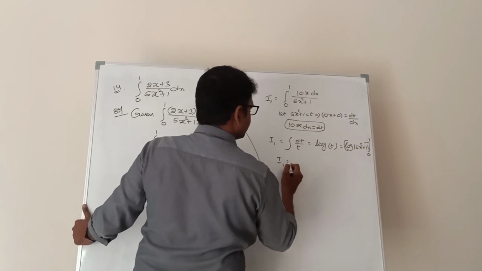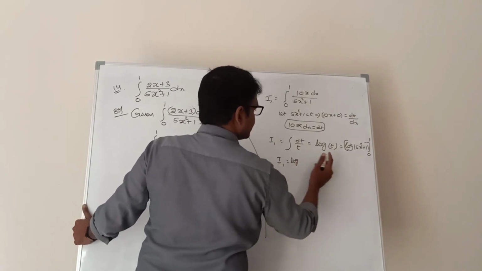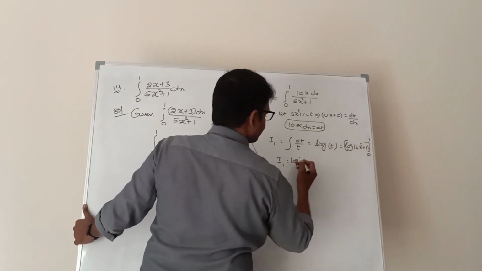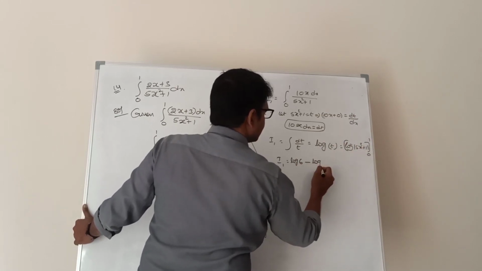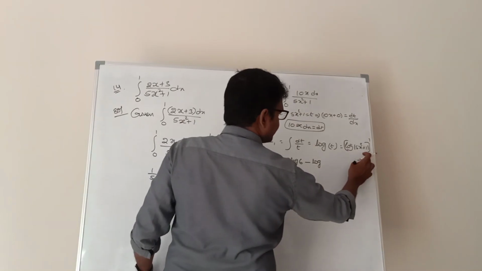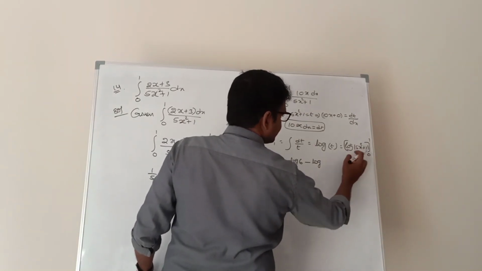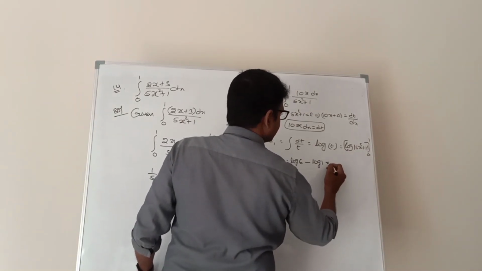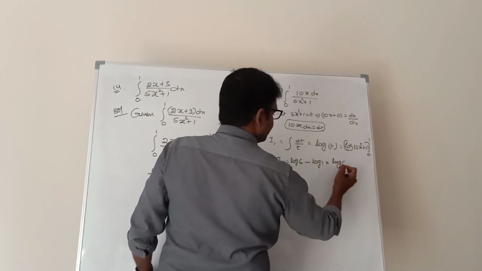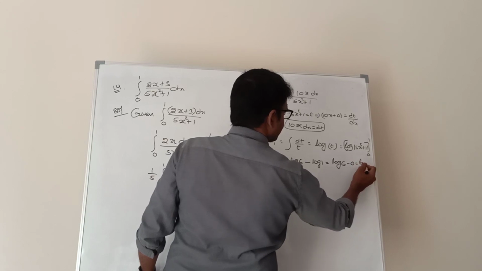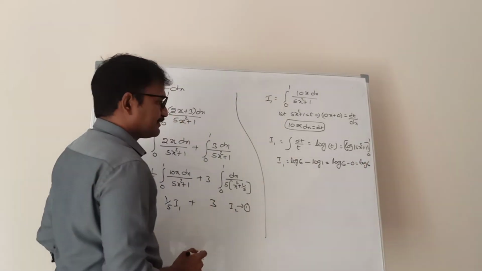Substituting the upper limit in place of x, 5 into 1 square, 5 plus 1, 6, minus log, substituting 0 in place of x, 5 into 0, 0, 0 plus 1, 1. Log 1 value is 0. So log 6 minus 0 is log 6. This is the value of I1.